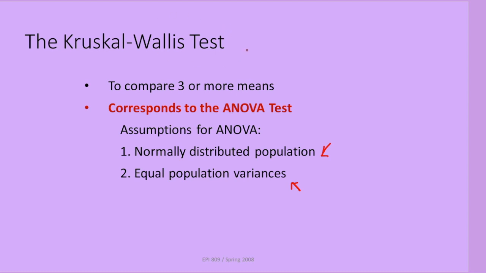So the Kruskal-Wallis test is used to compare three or more medians, not means, because this is non-parametric. So we use the Kruskal-Wallis test when we want to compare three or more medians.